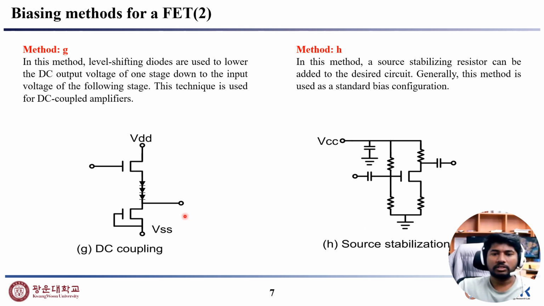Method G is called DC coupling, and in this method level shifting diodes are used to lower the DC output voltage of one stage down to the input voltage of the following stage, and this technique is used for DC coupled amplifiers. And the final method, method H, is called the source stabilization method, and in this method a source stabilization resistor can be added to the desired circuit. Generally this method is used as a standard bias configuration.